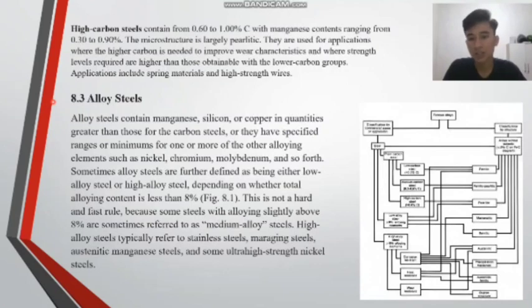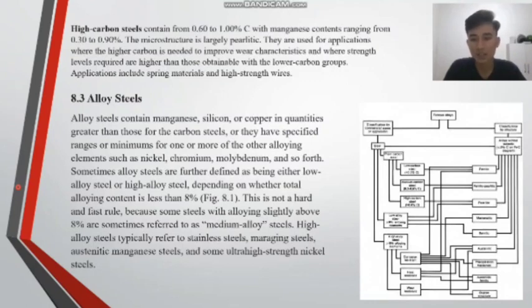Sometimes alloy steels are further defined as being either low alloy steel or high alloy steel, depending on whether total alloying content is less than 8%. This is not a hard and fast rule because some steels with alloying slightly above 8% are sometimes referred to as medium alloy steels.